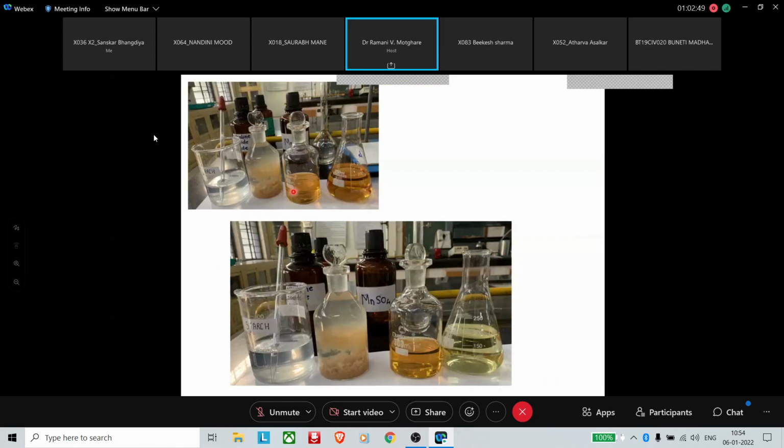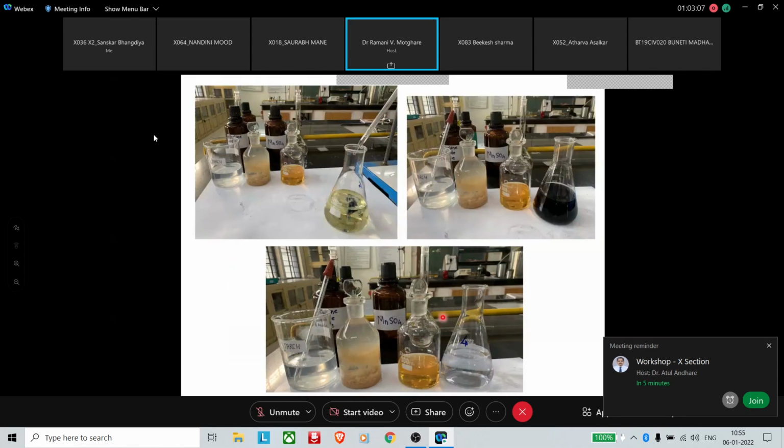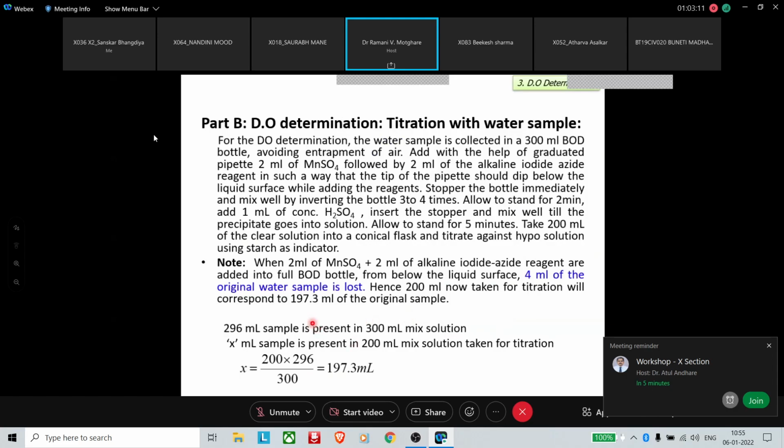Then, because of ease of measurement, you are taking 200 ml for titration. So you will take a large conical flask and transfer, measuring with a measuring cylinder. When you transfer 200 ml here and perform the titration, the calculation says that you are actually transferring 197.3 ml of the original water sample.